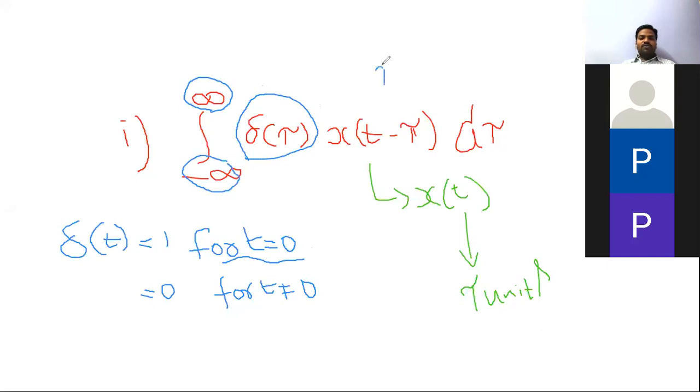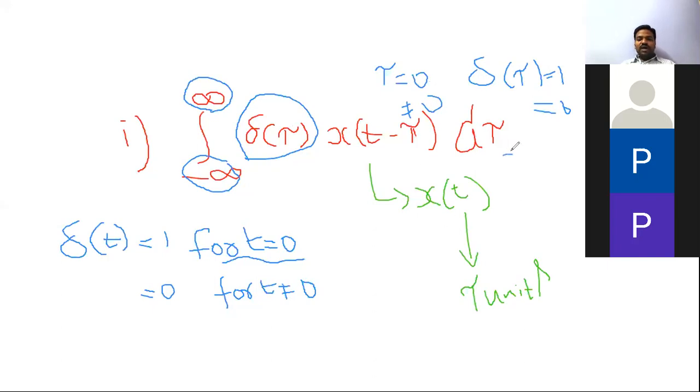Substitute tau is equal to 0. At tau is equal to 0, delta of tau is equal to 1, and elsewhere, where it is not 0, the signal is 0. So you need not evaluate from minus infinity to plus infinity. Directly you can substitute delta of tau is equal to 1 at tau is equal to 0.